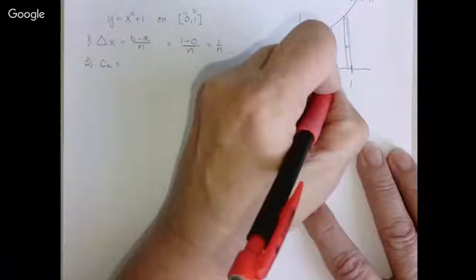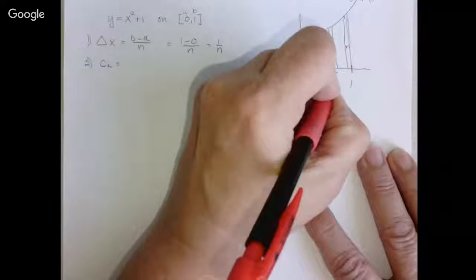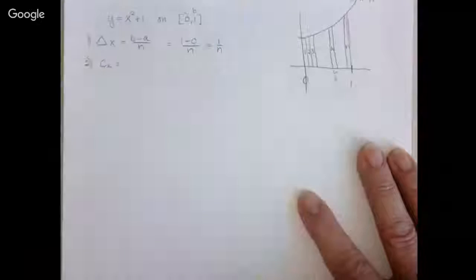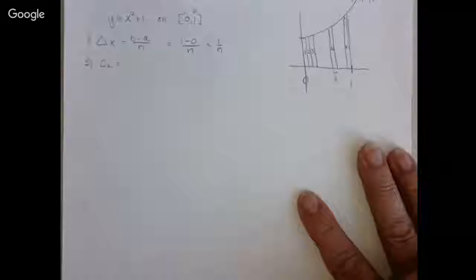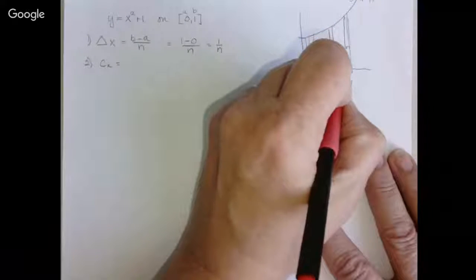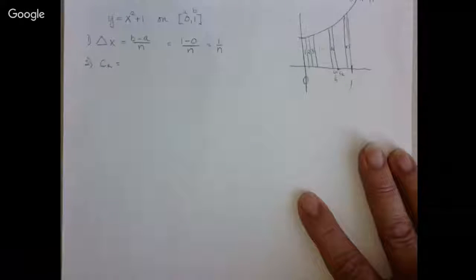And the width of each of these little rectangles is 1 over n, because this length is 1, and I'm dividing it into n boxes. Just for purposes of making the notation easier, we're going to choose C sub k to be the right endpoint of each box. Why do I care?